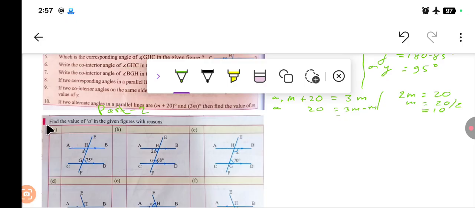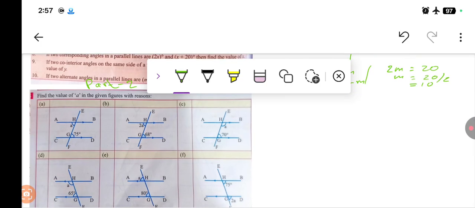Okay, so in part 2 in this video we are going to talk about find the value of a in the given figure. In this we have to find out the value of a. So a and 75 is given over here, and we can see the relation like Z shape.